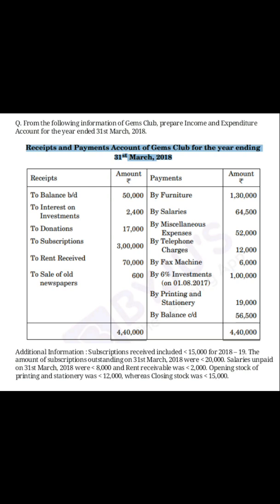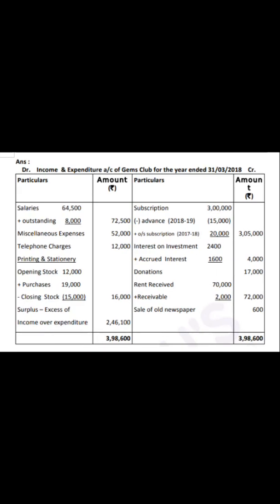So we have to make the adjustment in income and expenditure account where we have to add 8,000 to the above salary, that is 64,500, and we got 72,500 as the total salary of the year.